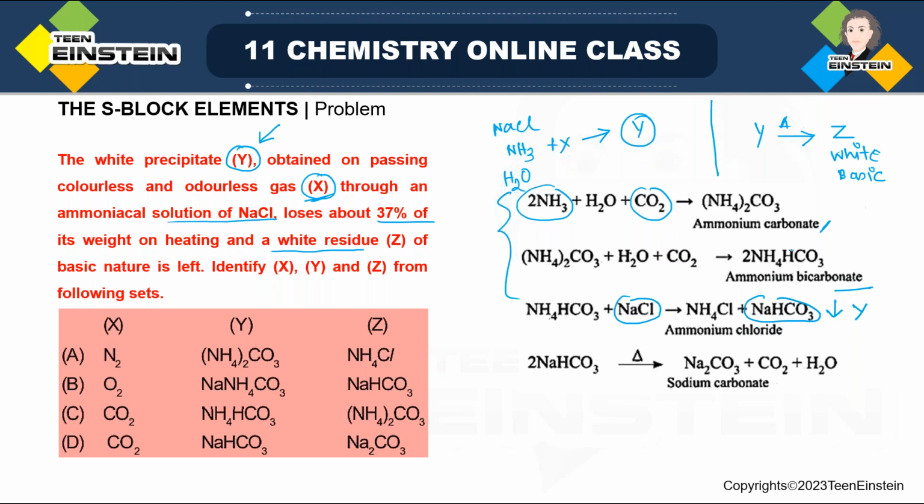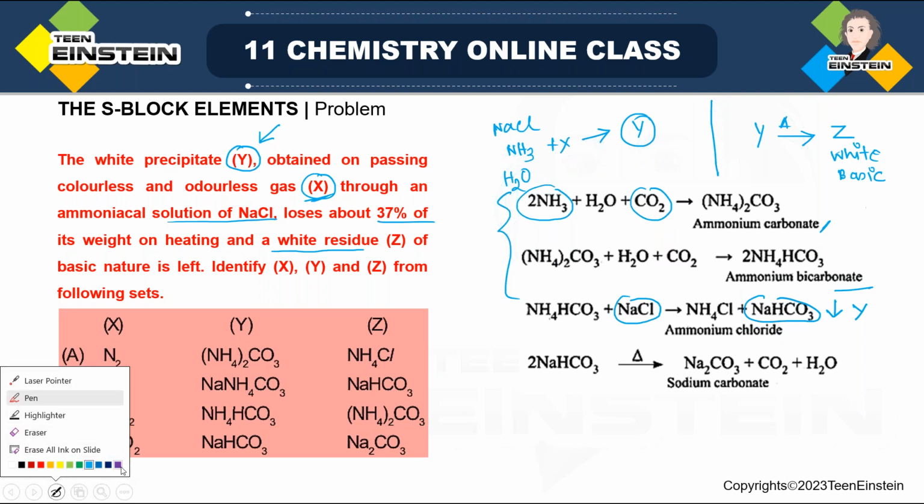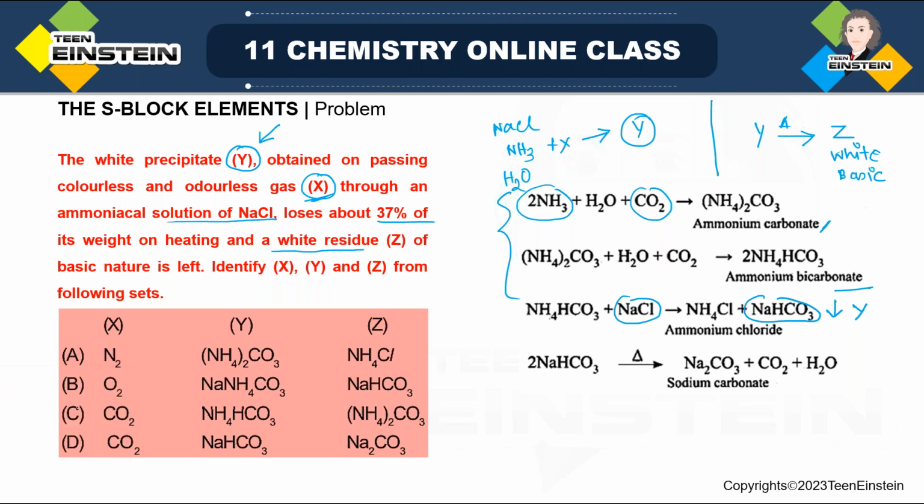The question says that X, the odorless and colorless gas, is treated with ammoniacal NaCl solution. That means it is focusing on NaCl and ammonia as the main starting materials, and CO2 is actually X. So when these three are together, you get NaHCO3, which is basically Y.